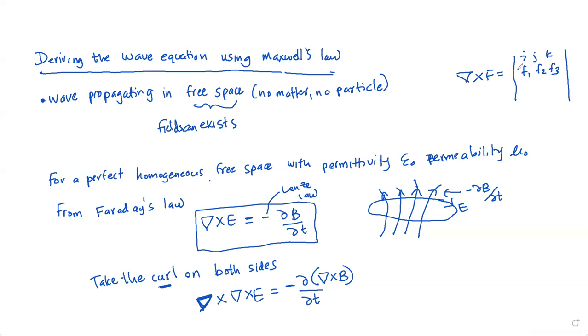So first we need to write ∂/∂x, ∂/∂y, ∂/∂z, and then we need to write F1, F2, F3, and then we take the cross product. Okay, so this is the function in here, right?